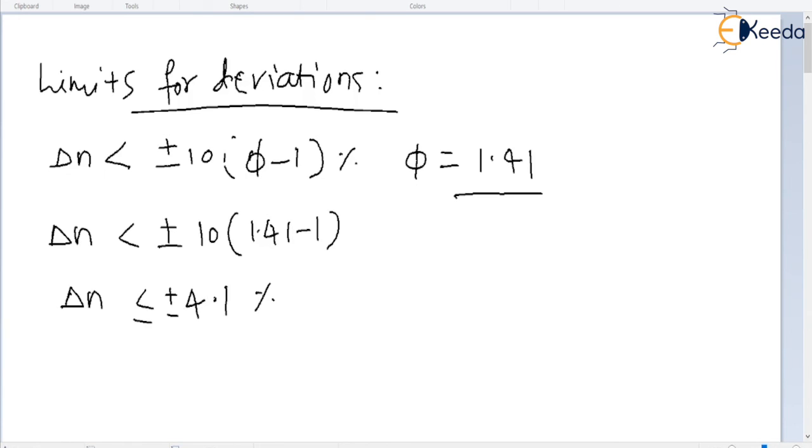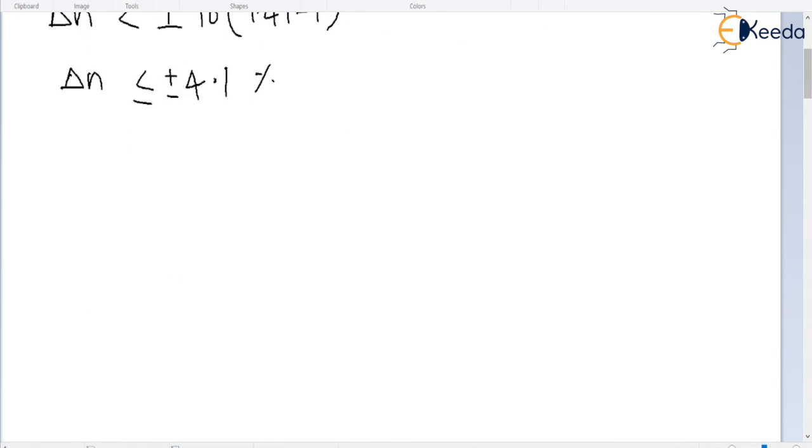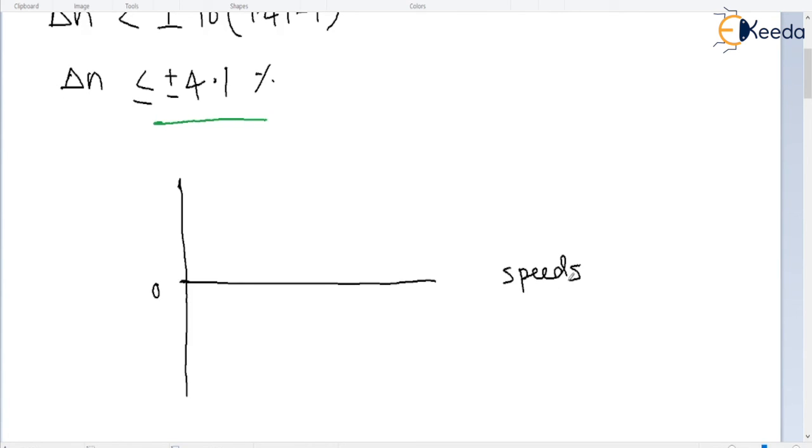Now through these values we are going to draw this deviation on a graph. How can we go with that? First, draw one vertical line, that will be our y-axis, and somewhere here we take one reference point, 0, and from that we draw one horizontal line, on which we will mark the speeds. From 0 we start.